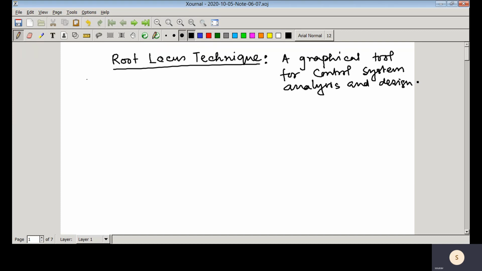So this is actually a graphical presentation of the closed loop poles when a system parameter is varied.